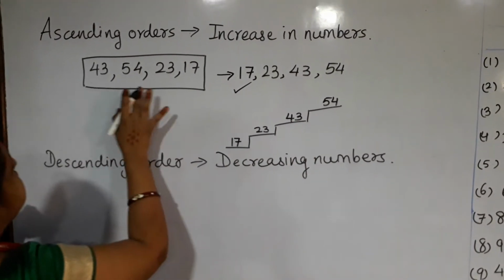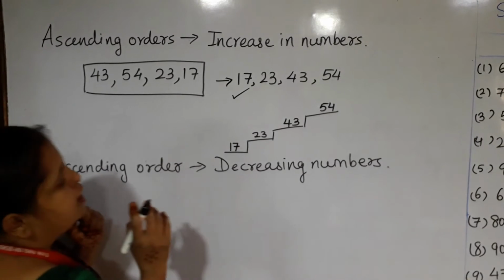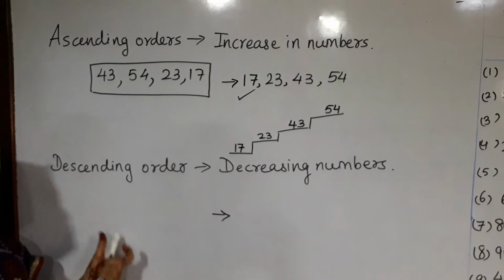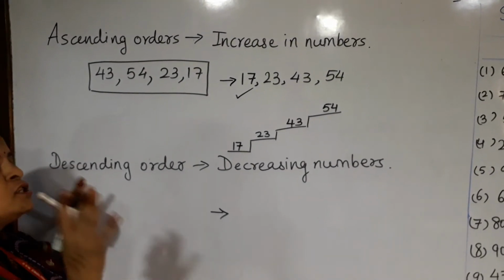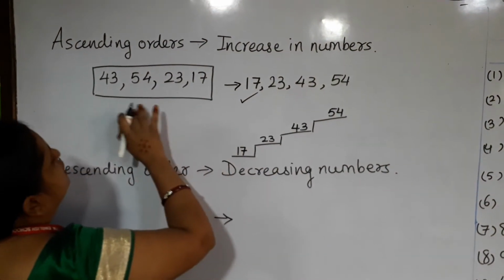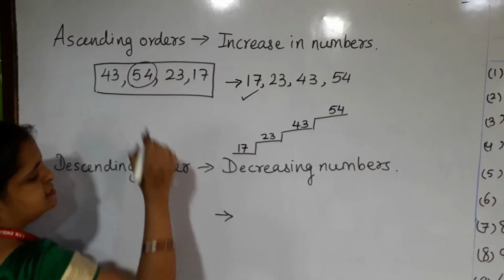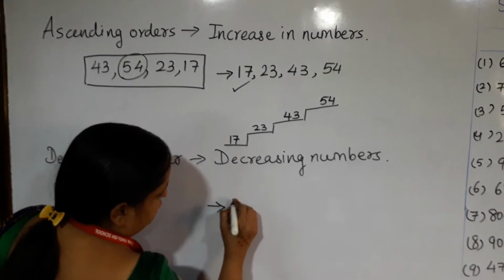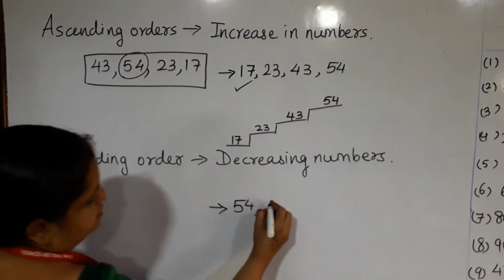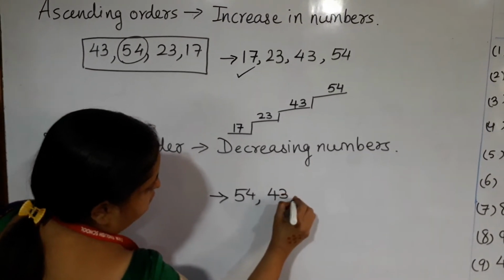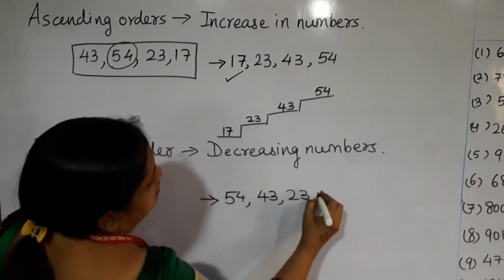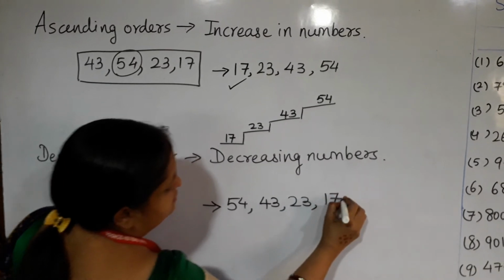Like here we found the smallest number first, and now we have to write the biggest number first. सबसे बड़ा नंबर जो है उसको सबसे पहले लिखना है. तो which is the biggest number? You can see here 54 is the biggest number. So we will write 54 first. After that 43. After that 23. And last one is 17.